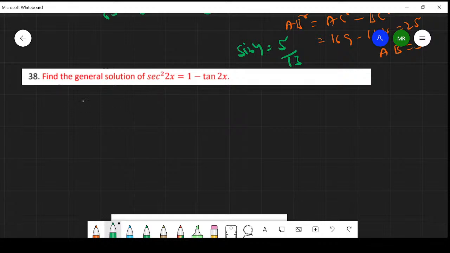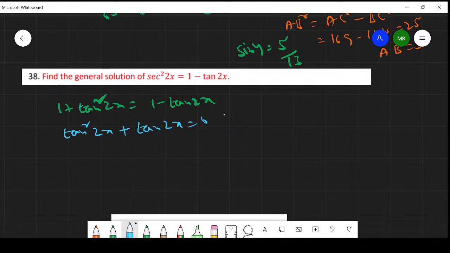Write the given equation. Sec square 2x I can write as 1 plus tan square 2x, which is equal to 1 minus tan 2x. Now you see here, 1 gets cancelled on both sides. I can write tan square 2x plus tan 2x equal to 0.